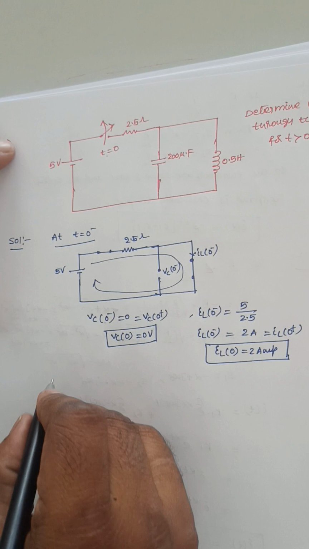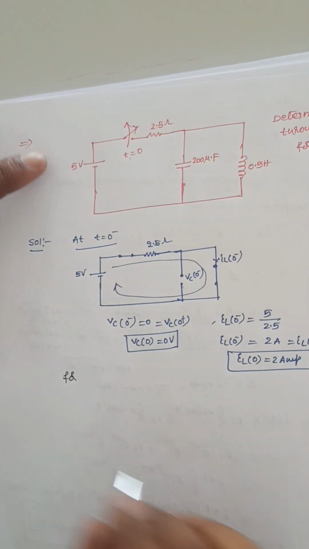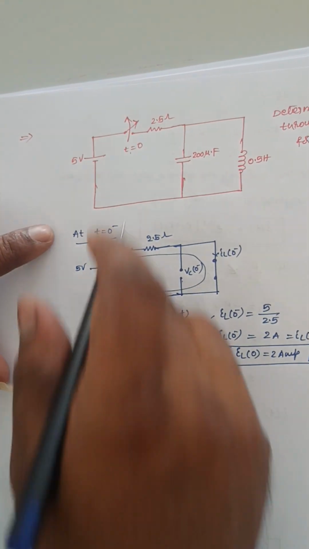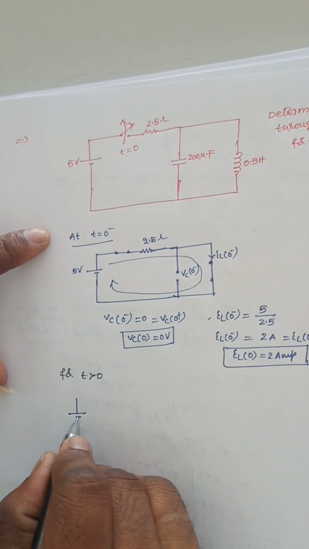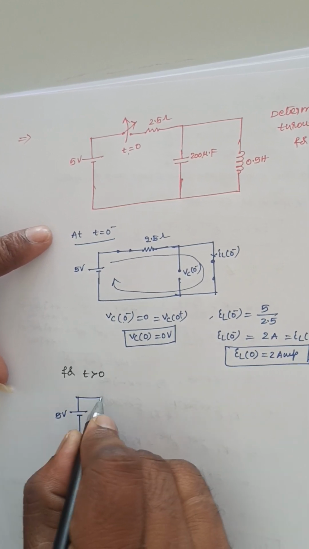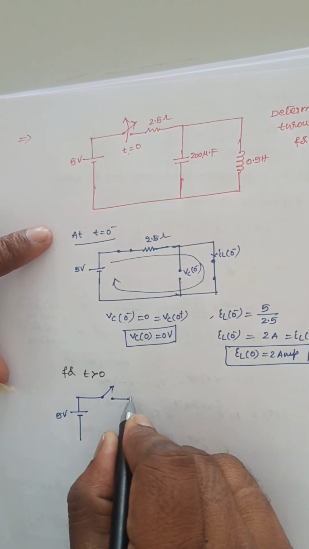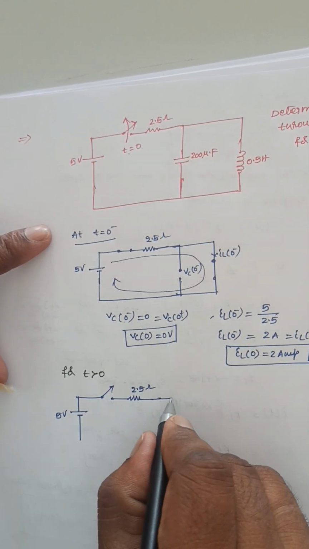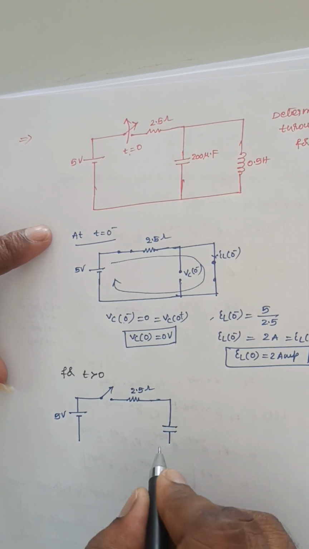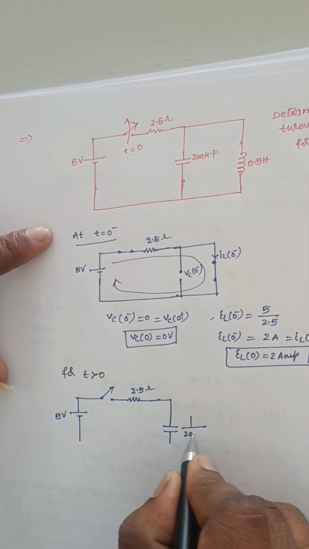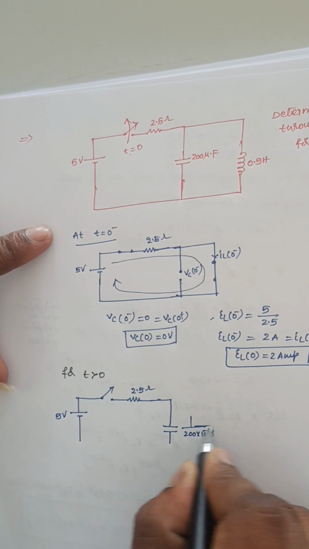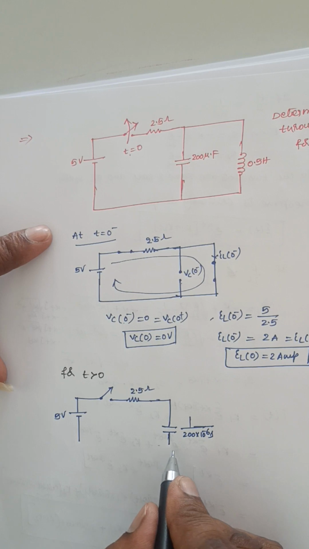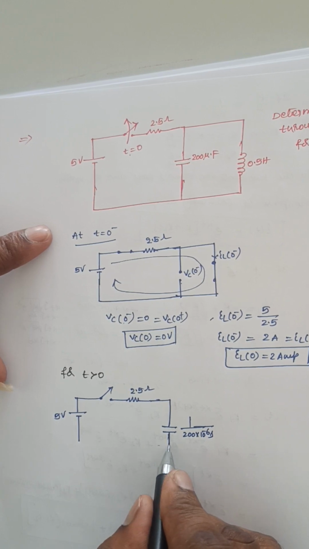Now for t greater than 0, draw the circuit. The switch is opened, so there will not be any effect of this 5 volt source on the circuit because the switch is open, and this is 2.5 ohms. This capacitance I can replace with 1 by Cs, 1 by 200 into 10 power minus 6 S. So the value of the voltage is 0, so V of 0 by S is equal to 0, so it will act as a short circuit.